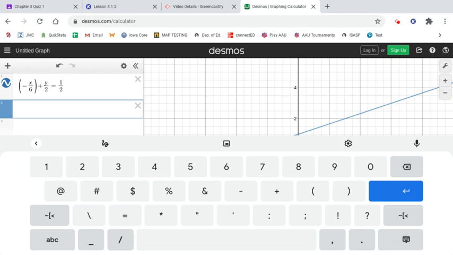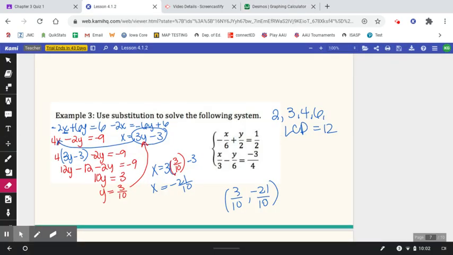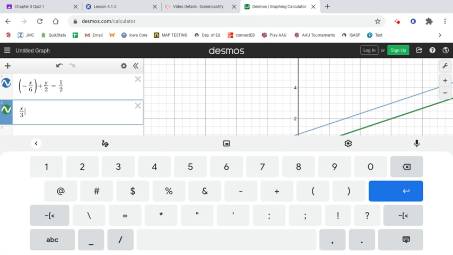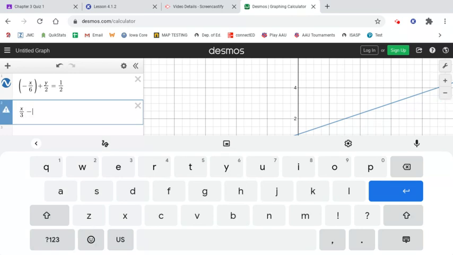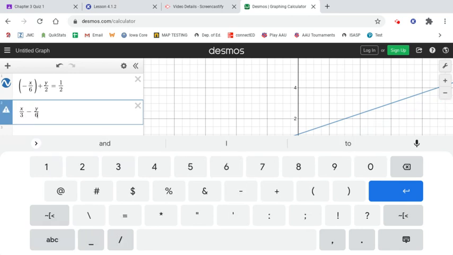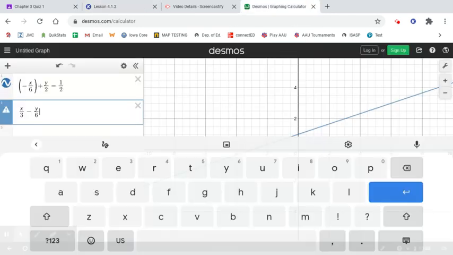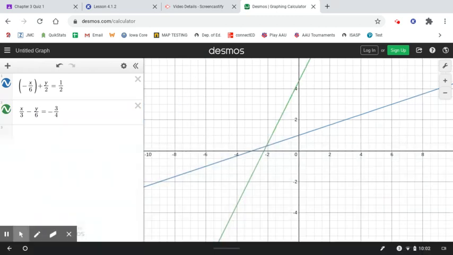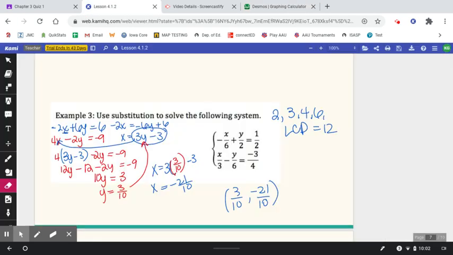Okay. And then the second one is x/3 minus y/6 equals -3/4. Oh, we did it right. Good. All right.